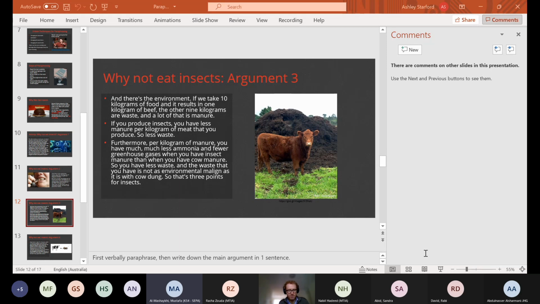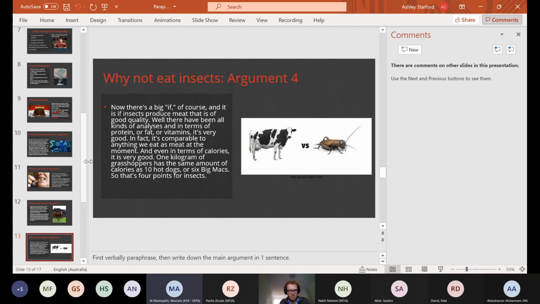Cool. What about number 4? I think the quality of insect protein is much more than the quality of animal protein, in terms of calories. Yes, but are calories and quality the same thing? Calories is just a measurement of energy.